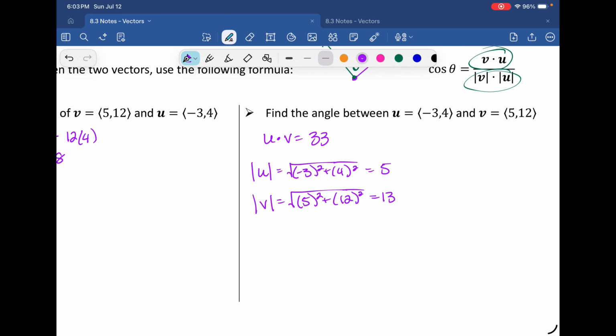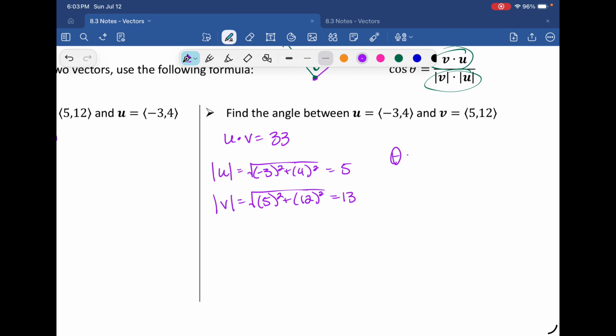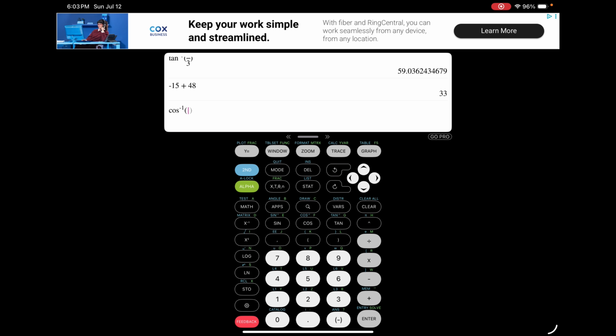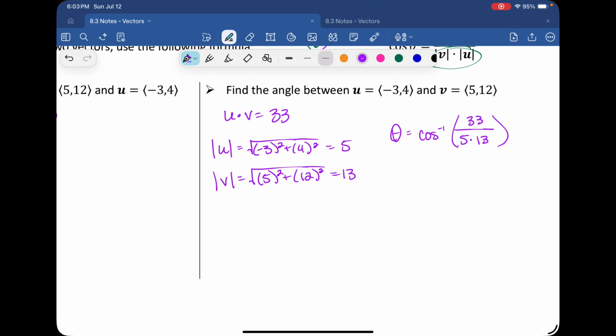And that's 13. So then our angle is going to be the inverse cosine of the dot product divided by the product of the magnitudes. So the angle between them is 59.490 degrees. And that's it.